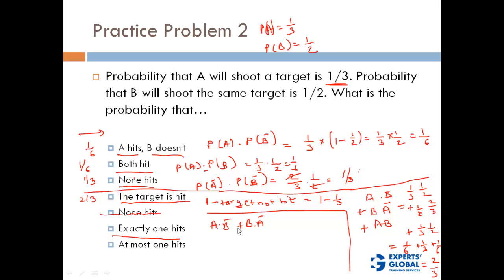So that is going to be 1 by 3 into B doesn't hit is 1 by 2, plus B hits is half, A doesn't hit is 2 by 3. So that is going to be 1 by 6 plus 1 by 3, which is again 1 by 6 plus 2 by 6, which is 3 by 6, which is half. So exactly one hits is again half.